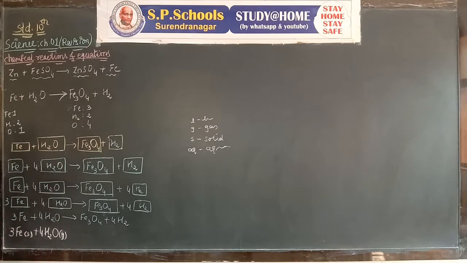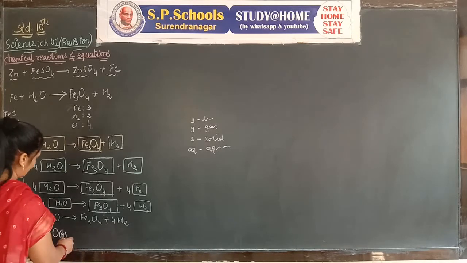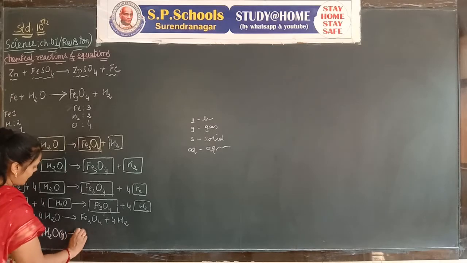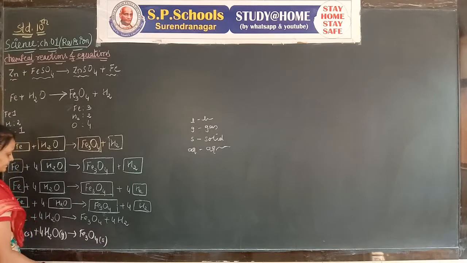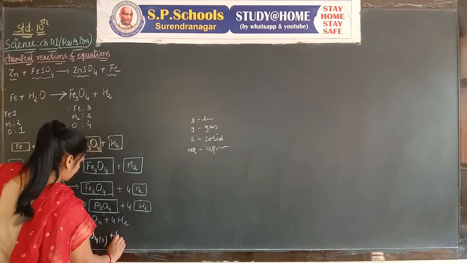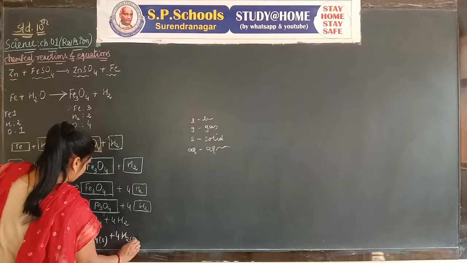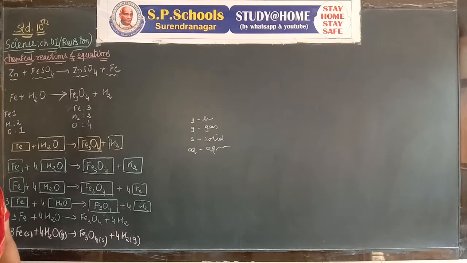So we write small s. Here liquid cannot occur because water vapor occurs. So we put H2O (g), small g, Fe3O4 plus 4H2. H2 means gas. So we complete the equation with its physical states.